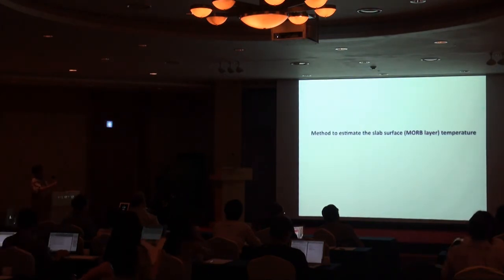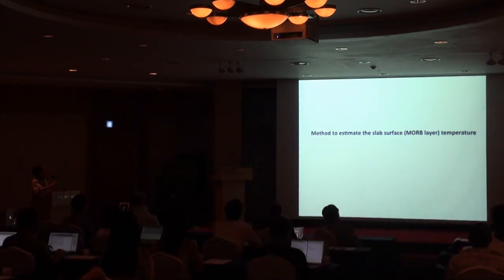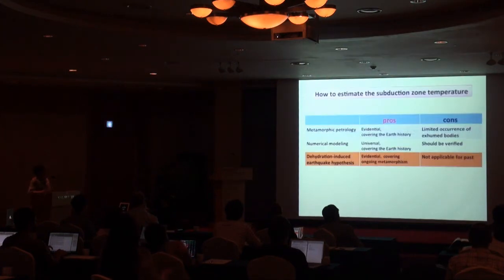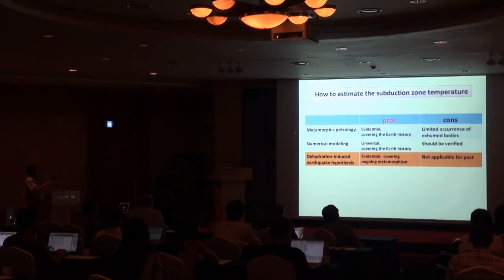Okay, so I will explain the method to estimate the slab surface temperature. There are three methods to estimate the subduction zone temperature. One is metamorphic petrology, another is numerical modeling, and the third is the dehydration-induced earthquake method, which I will introduce today.